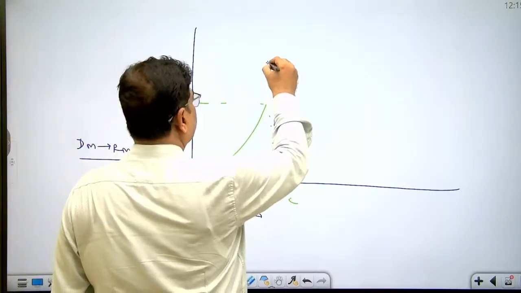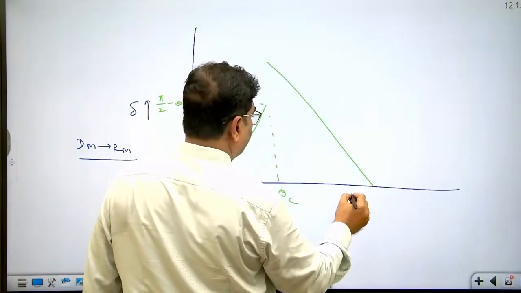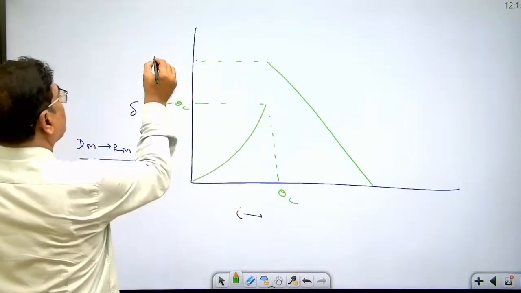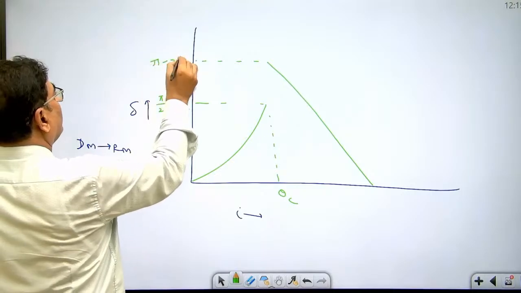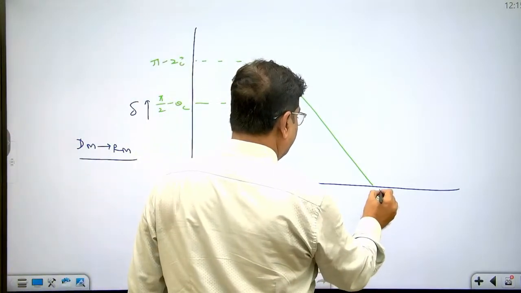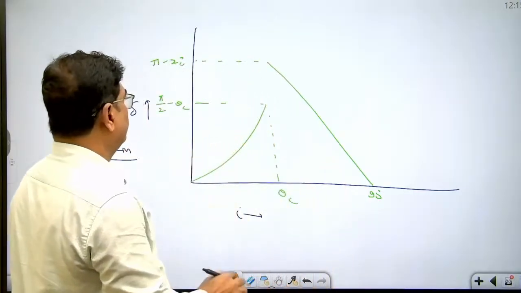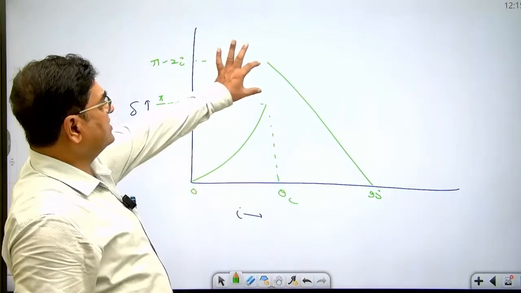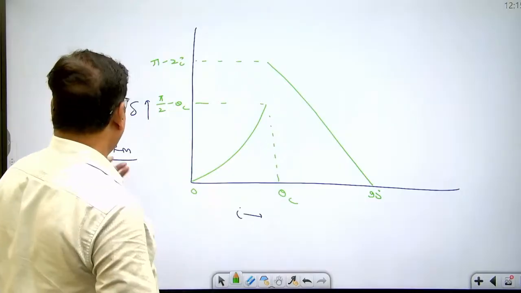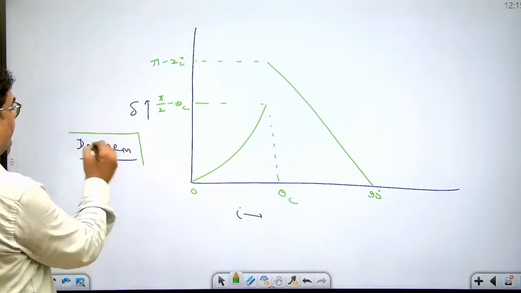Then after a sudden jerk, reflection starts, okay? And this deviation becomes pi minus 2i, okay? And when this I becomes equal to 90 degree, deviation becomes 0, okay? Here discontinuity in the graph takes place, okay? This is the graph for a light ray moving from denser medium to rarer medium, okay?